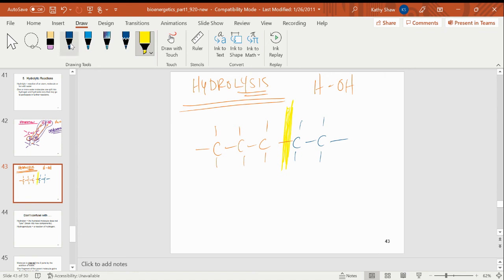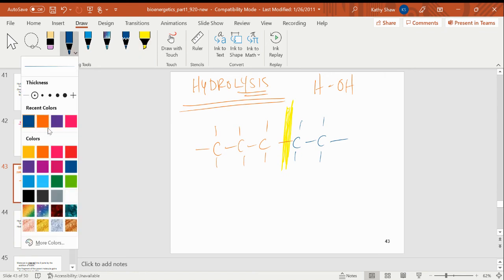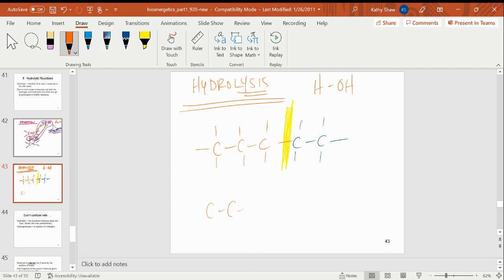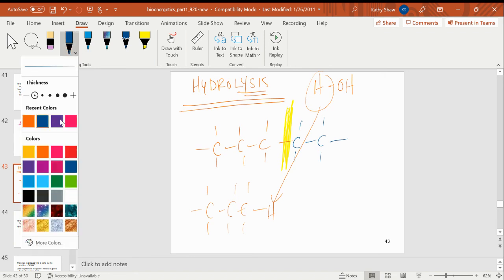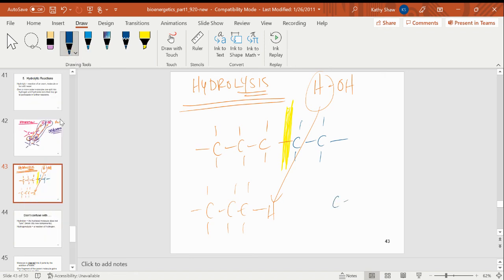So then I'll take one side and I'll put the hydrogen on it. I'll take the other side and I'll put the hydroxyl on it. So I actually split the molecule.